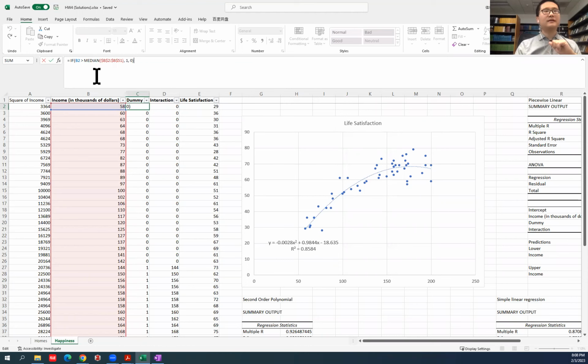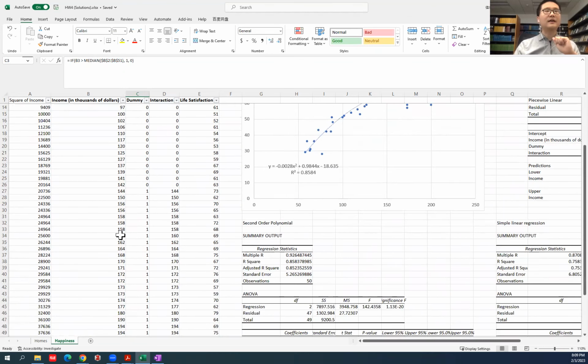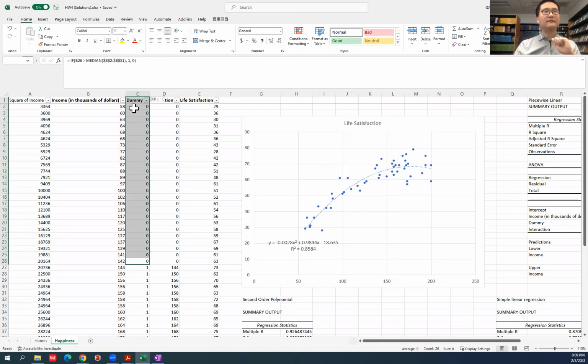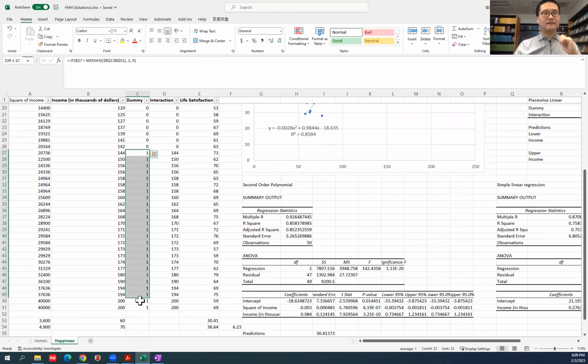Because all the income was already ordered from the smallest to the highest income, you see that the first half of the participants in the sample take value 0 in the dummy variable, whereas the second half takes value 1.